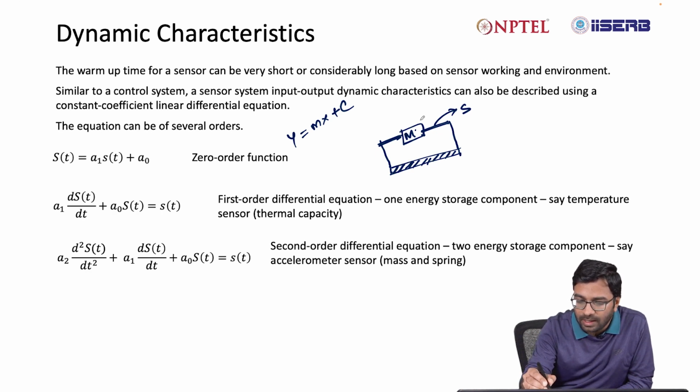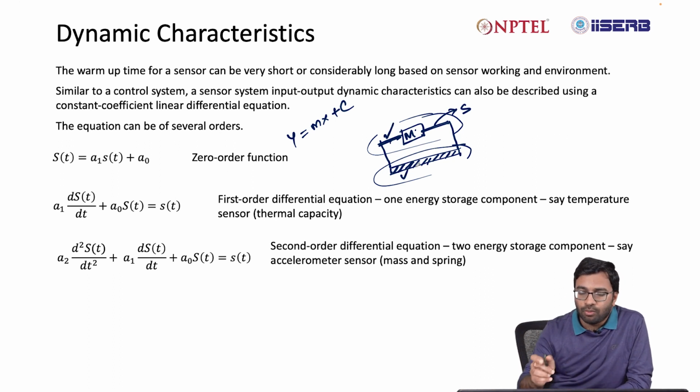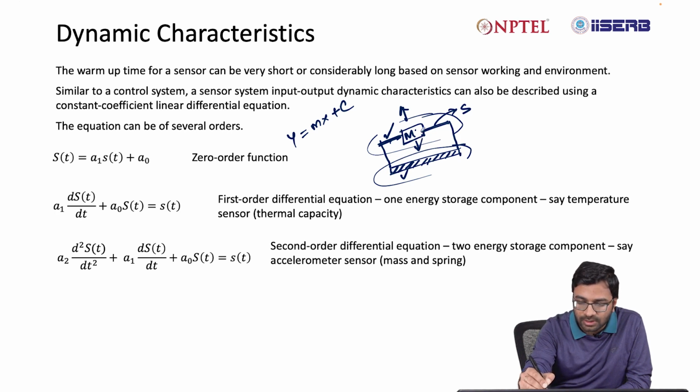So if the mass is metallic and you have another metallic plate here, both of these will create a capacitive effect. Now once the entire system is under acceleration, say the entire system is placed on a system which is under acceleration, then this mass will start oscillating, right, up and down, and when it oscillates, the capacitance of the entire system will vary.